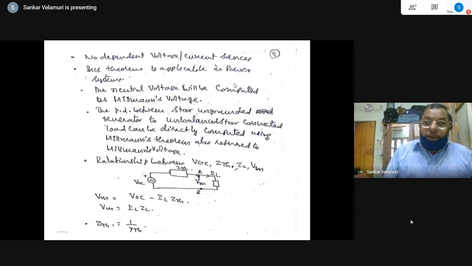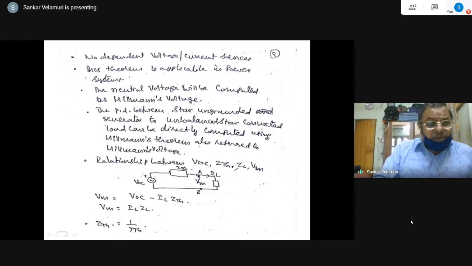And in fact, the Millman's voltage will be the same as the neutral potential. Right? This clarity is required to be understood. The proofs are all there, the subject is there, and people have already realized that these are very well established theories. So neutral voltage will be computed as Millman's voltage itself. So the PD between the star ungrounded generator and the unbalanced star connected load can be directly computed using Millman's theorem, also referred to as Millman's voltage.